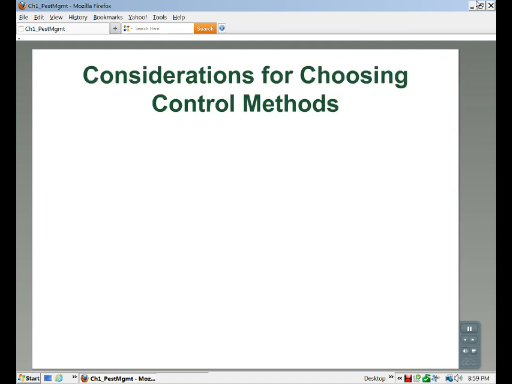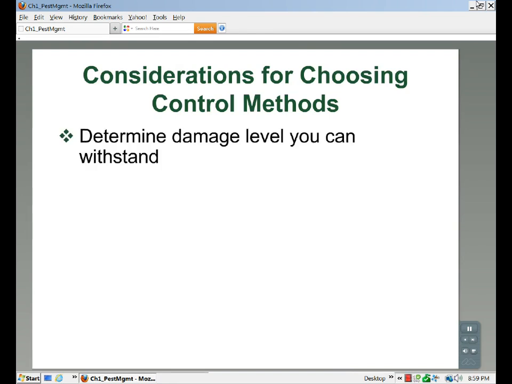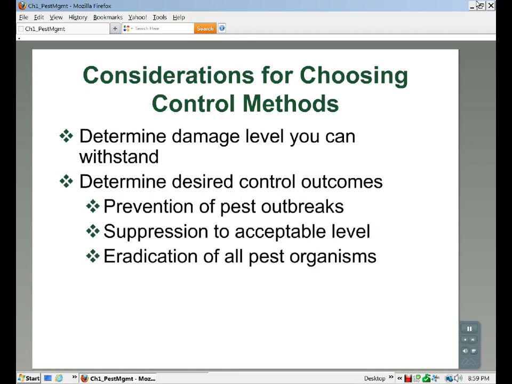Management is decision-based. Once the pest is identified and its biology reviewed, assess the amount of damage you can tolerate. In some cases, this may be the presence of only one pest organism. In others, you may be able to tolerate hundreds of individuals. Next, set your goal for control.